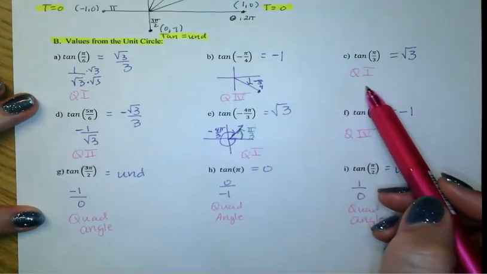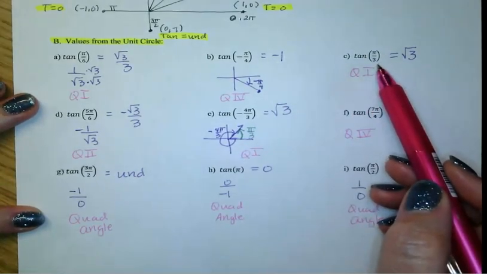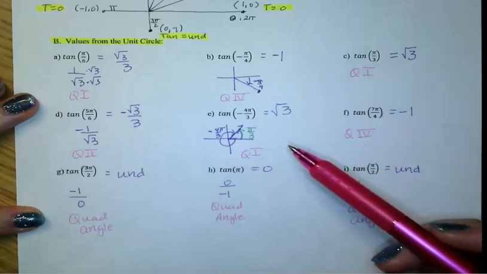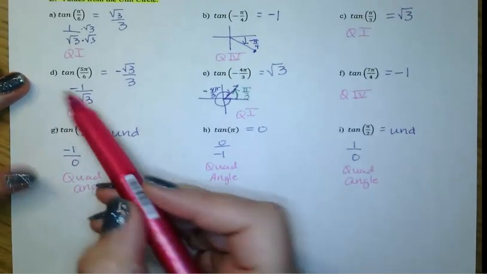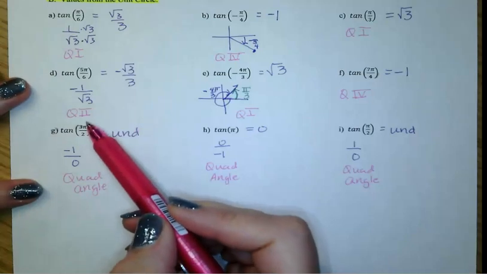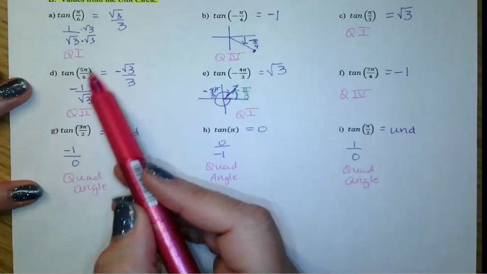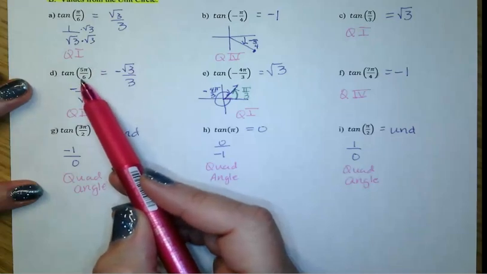On C, we're in quadrant 1, so we know that at pi over 3 the coordinates are 1/2, root 3 over 2, so you can divide sine over cosine, and it should give you root 3. In D, 5 pi over 6 falls in quadrant 2. So I know that 5 pi over 6 is a multiple of pi over 6.